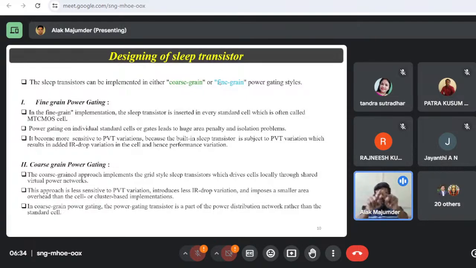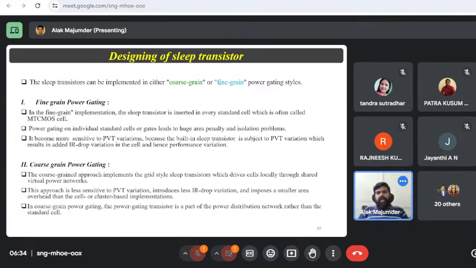This internal circuit will have many sub-blocks, and inside every sub-block you may have many standard cells. Standard cell means, for example, NAND gate, NOR gate, XOR gate, like this, right? So you have 3 layers: main block, many sub-blocks, and inside the sub-blocks, many standard cells.